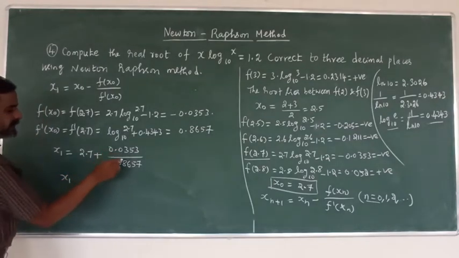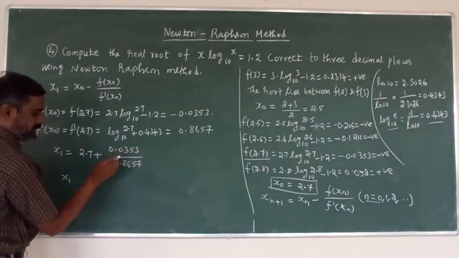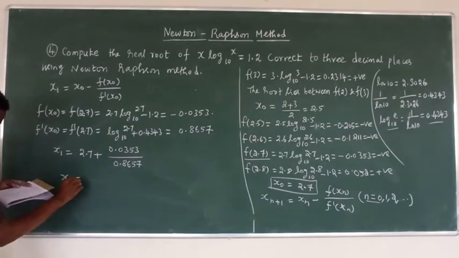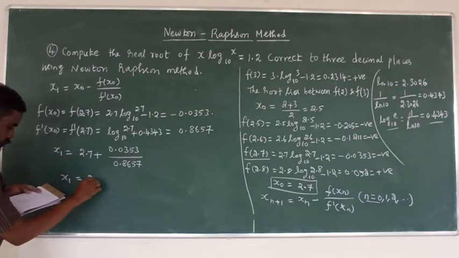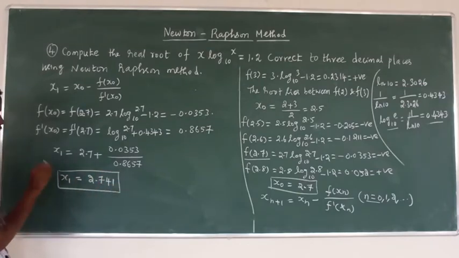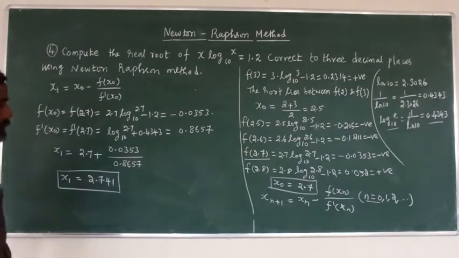Now divide these two, add the result with 2.7, we get the result 2.741.